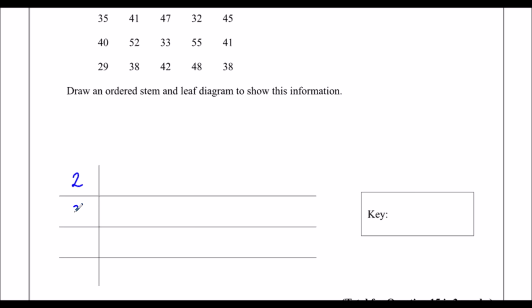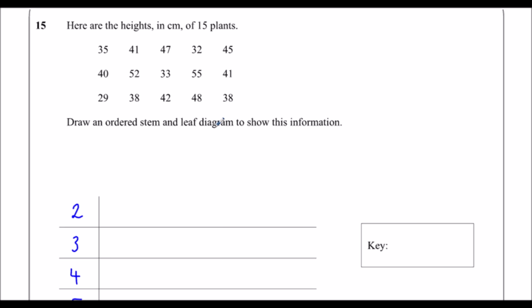So we're going to have 2, 3, 4, and 5. And then we just need to write the leaves as the ones. So I'm going to start with everything with 0 in the ones first. So 40. So that's 4, 0. There are no more zeros.